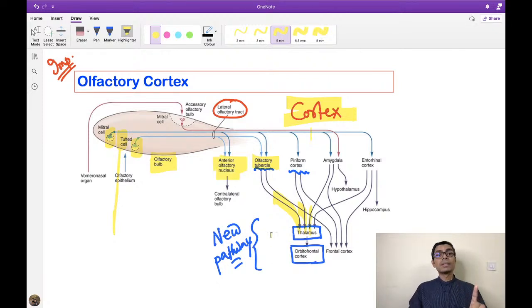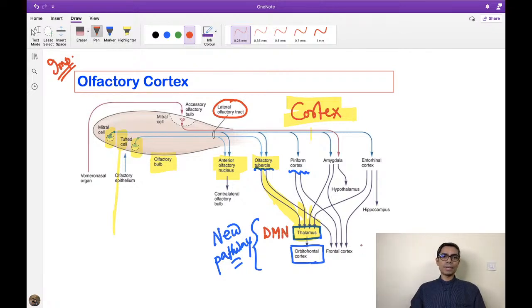But some of the fibers from this cortical area reach the thalamus. Which nucleus of thalamus? Important for MCQ. AIIMS PG has already asked. This is nothing but the dorsomedial nucleus of thalamus, and from the dorsomedial nucleus of thalamus it reaches the orbitofrontal cortex.